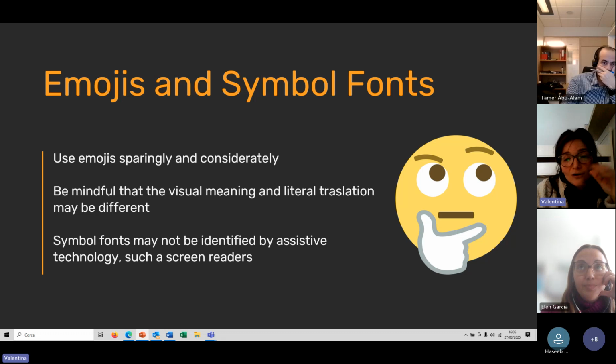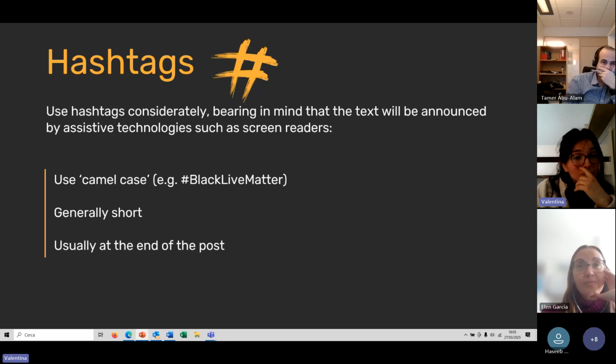So for emoji or symbol fonts, I think we should not use too many, and be mindful about the visual meaning of these symbols. For hashtags, you can use them, but we should consider what I think Asib was talking about at the beginning, the fact that a lot of people are using assistive technology like screen readers.